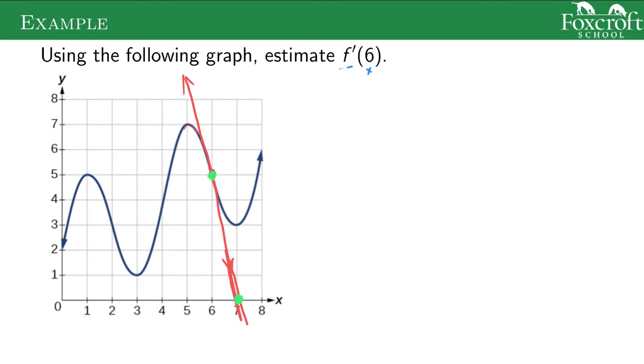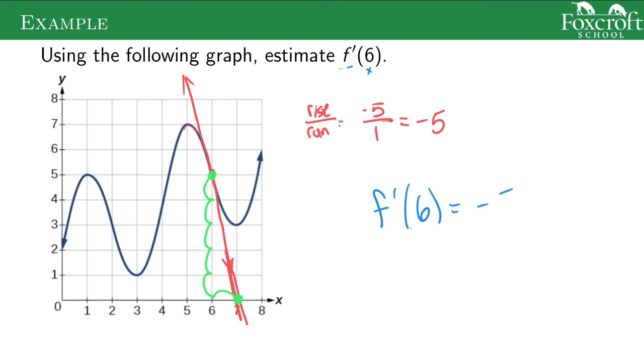My rise, I have to go down 1, 2, 3, 4, 5, and my run is 1. So my rise over run: I'm going down 5, so that's -5, and my run is 1. My slope is -5, which means my final answer, the slope of the tangent line at x equals 6, is -5. So the derivative at 6 is -5 because it's the slope of that red line.